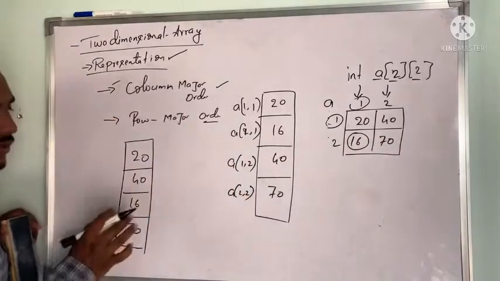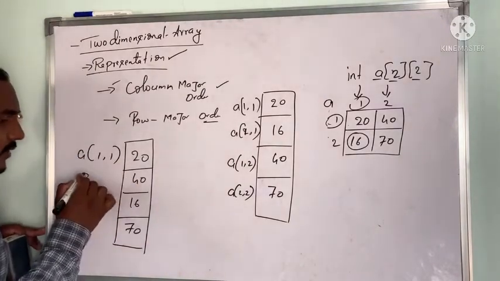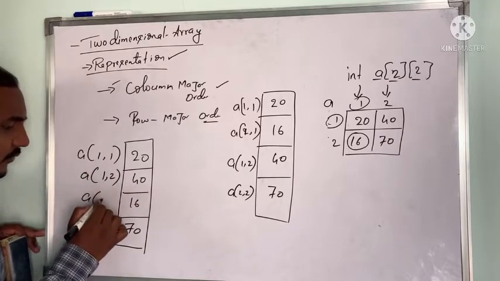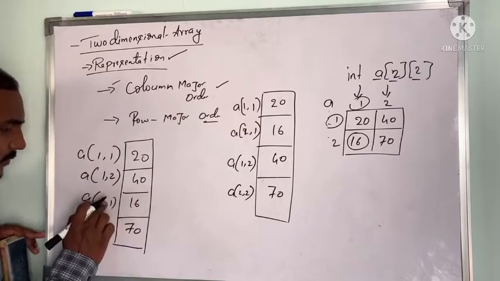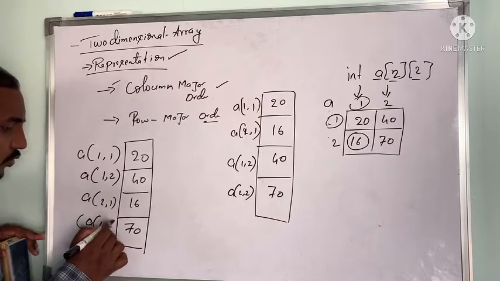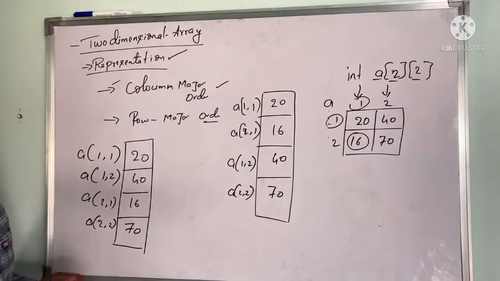For row major order, first A of 1, 1, second A of 1, 2, then again A of 2, 1, and at last A of 2, 2. So this is how the elements will be stored in row major order. Okay.